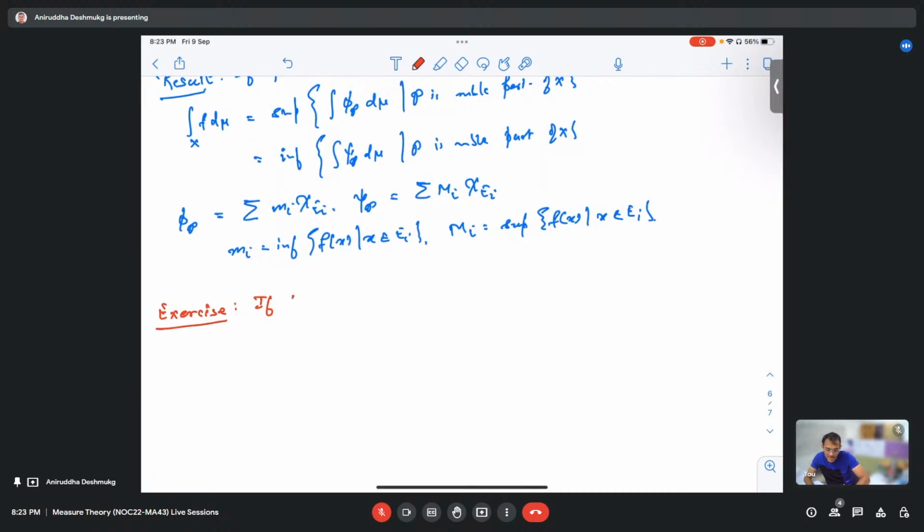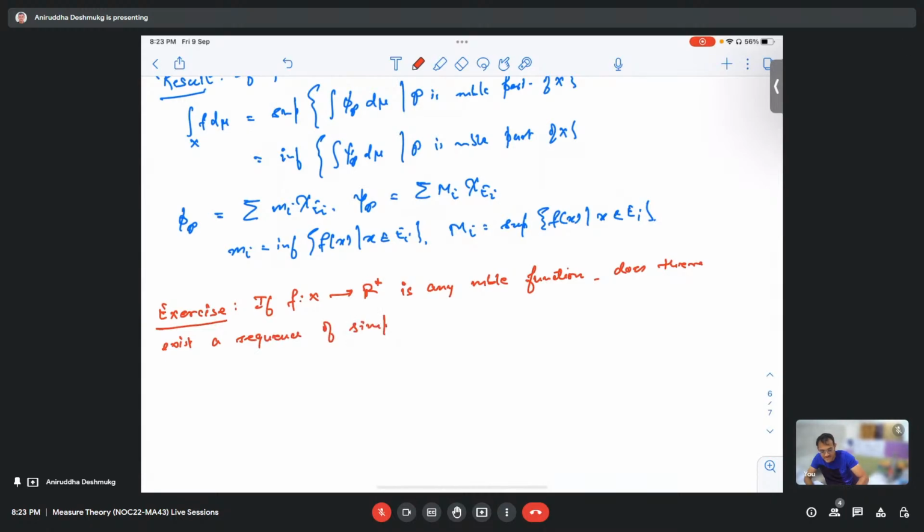If f from X to R or R-star is any function, or any measurable function for that matter, does there exist a sequence of simple functions S_n from X to R-star such that S_n is bigger than or equal to f and S_n converges to f pointwise, or rather, a decreasing sequence I want.